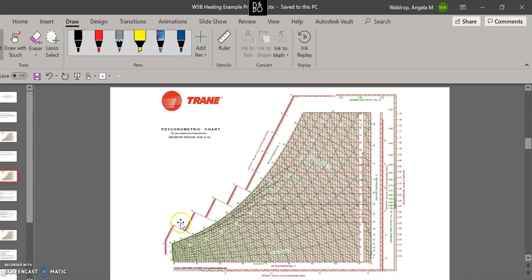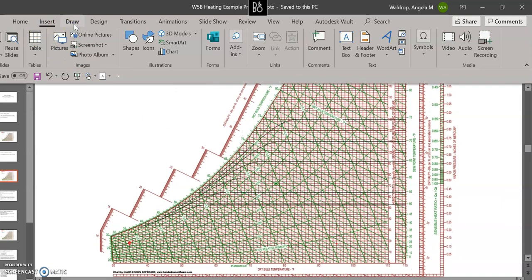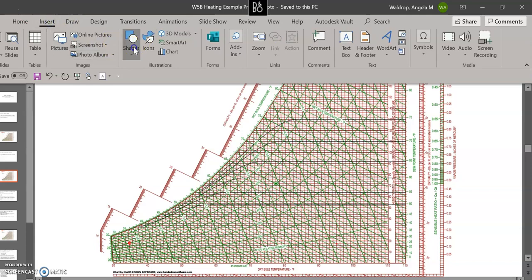So I've got this slide here with my point, and I'm going to draw a horizontal line. I'm going to make sure I draw it to the appropriate point, which I've marked with a little red dot for you. I'm going to zoom in a little bit so it's easier to see. I'm going to insert a shape because I can insert a straight line there.